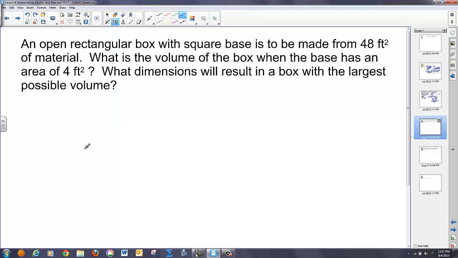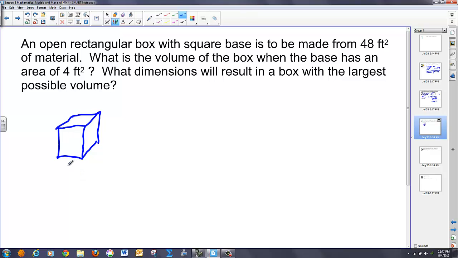Let's go this way. Let's say I have the front. I know my base is square, so something like this. And it says it's open, there's no top on it.